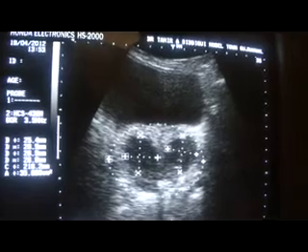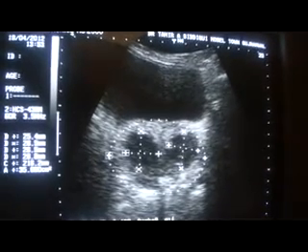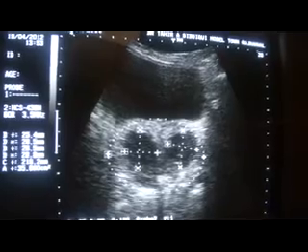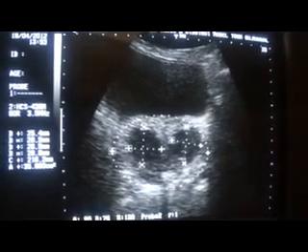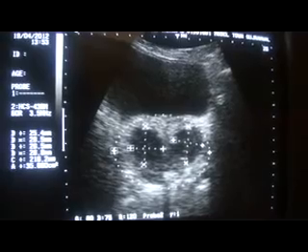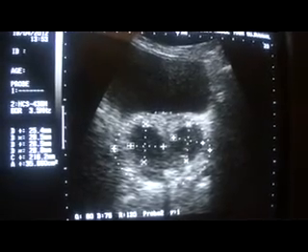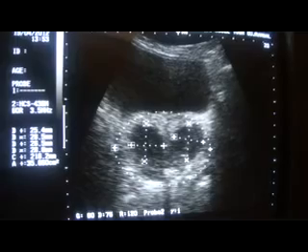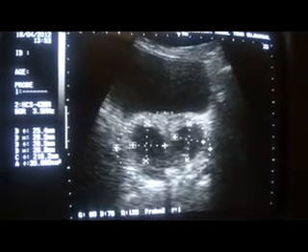First of all, you see again the same focal lesion in one lobe. This is the focal lesion, totally replaced.